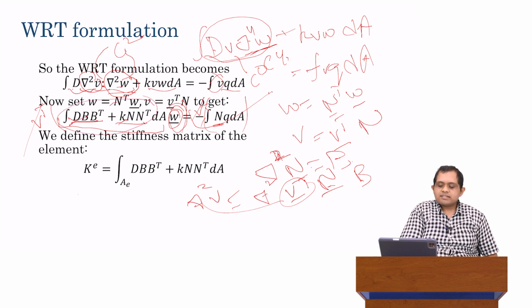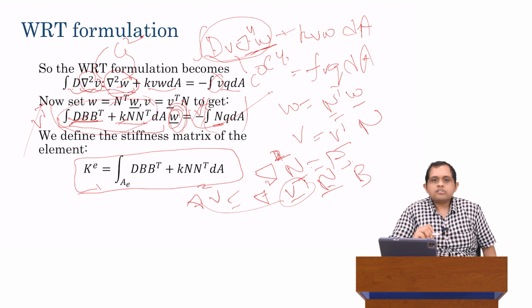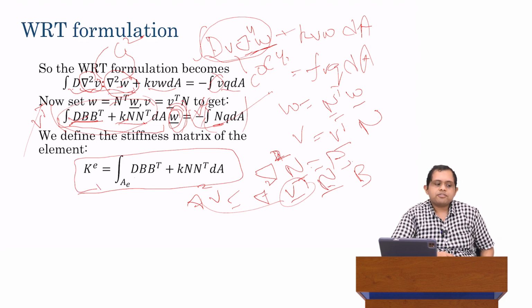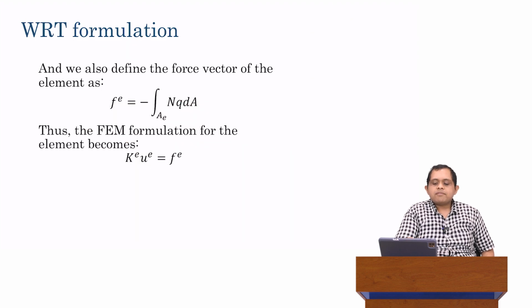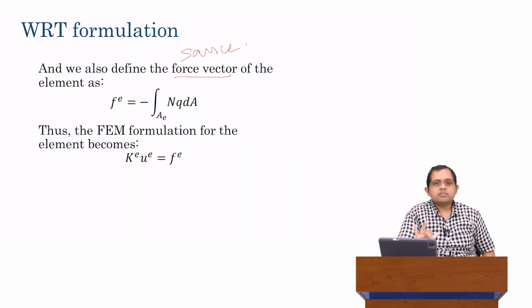Therefore, formally, this is our definition of the stiffness matrix for this 4-noded 12 DOF MCZ element. It is the integral, this is an area integral, by the way, within that element, of D, B, B transpose plus K, N, N transpose. And we can also define the force vector, or sometimes this can also be called the source vector, same thing.